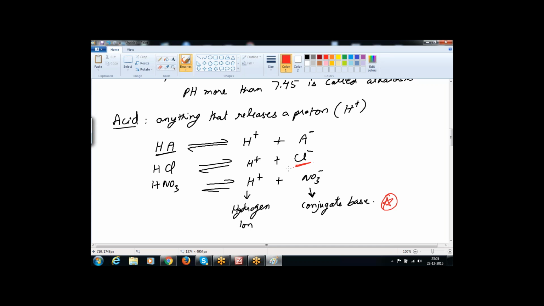Chloride is the conjugate base of HCl. Nitrate ion is the conjugate base of HNO3. So the negative ion produced is called the conjugate base.